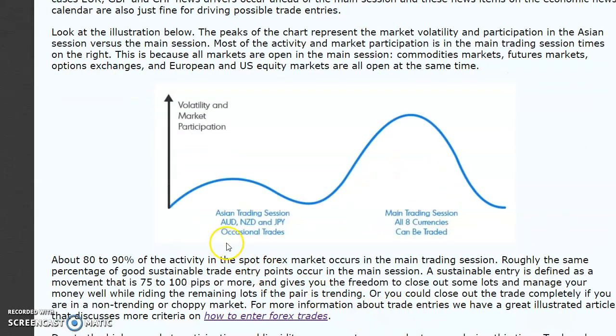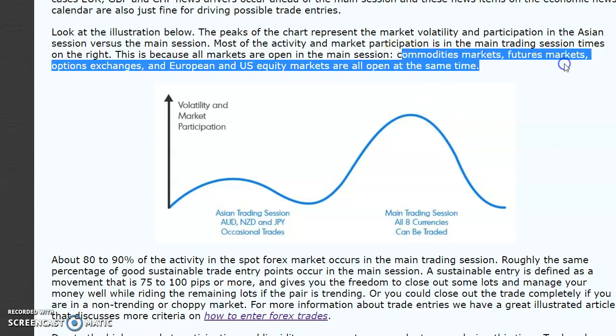This is because in the Asian session, you have limited participation in the Australia Tokyo market. In the main trading session, all 8 currencies, the spreads are really tight and you have the most market participation. So you have in the main trading session, commodities markets, futures markets, options, European, US equity markets all open, so there's more market participation.